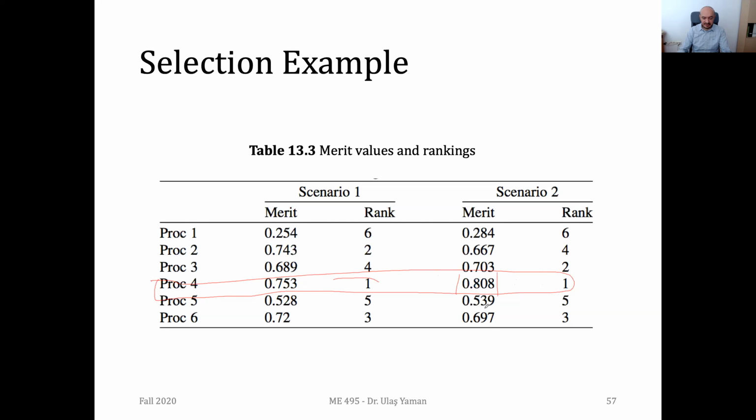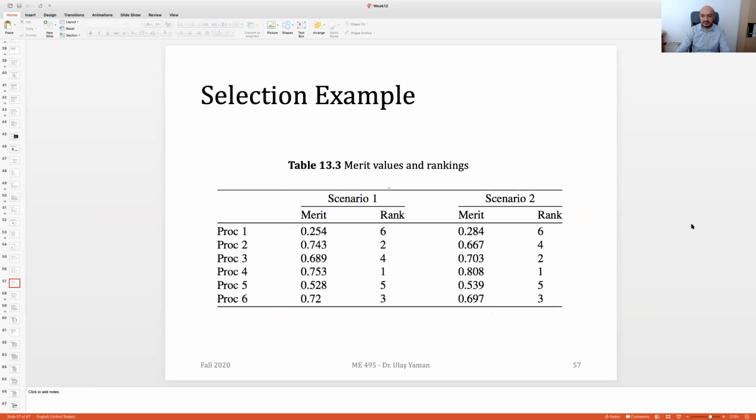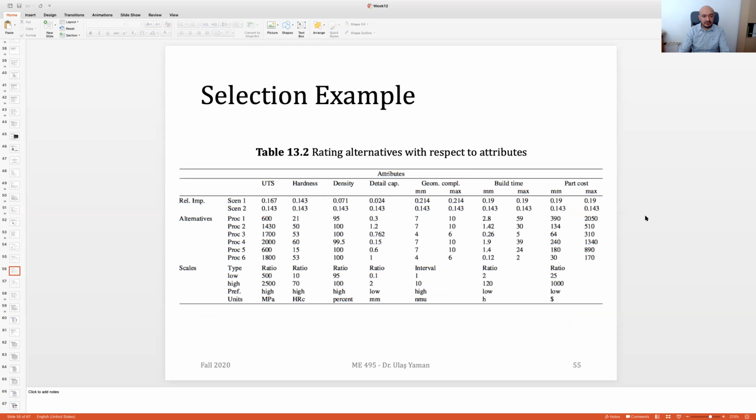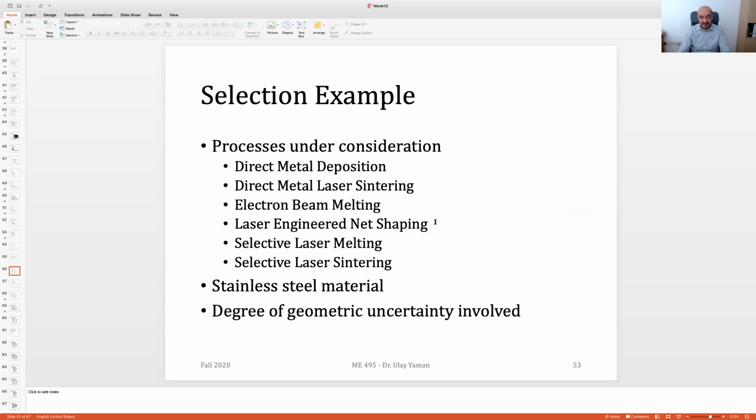So what was the fourth one? Let me go through it. I forgot the fourth one. This is the laser engineered net shaping process, which was actually a trademark for metal deposition methods.